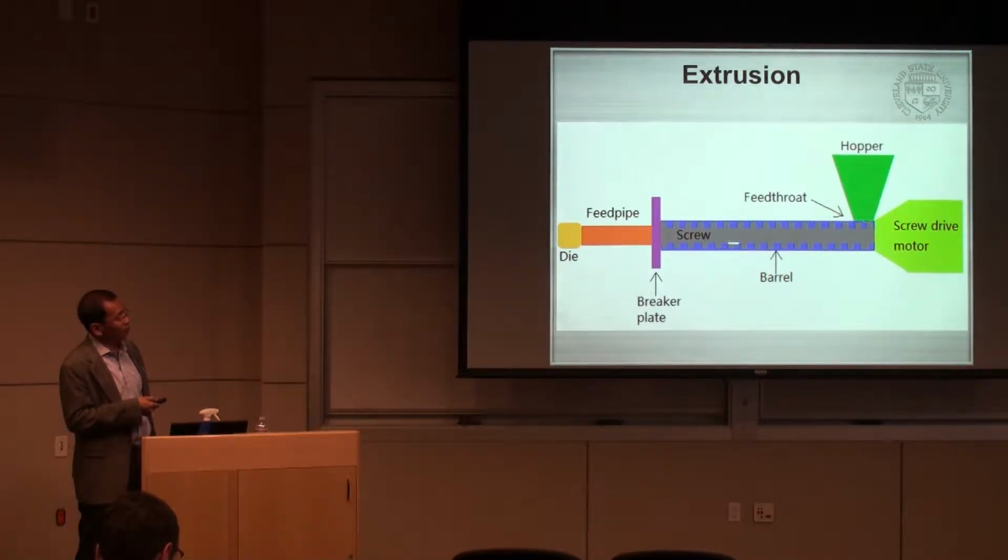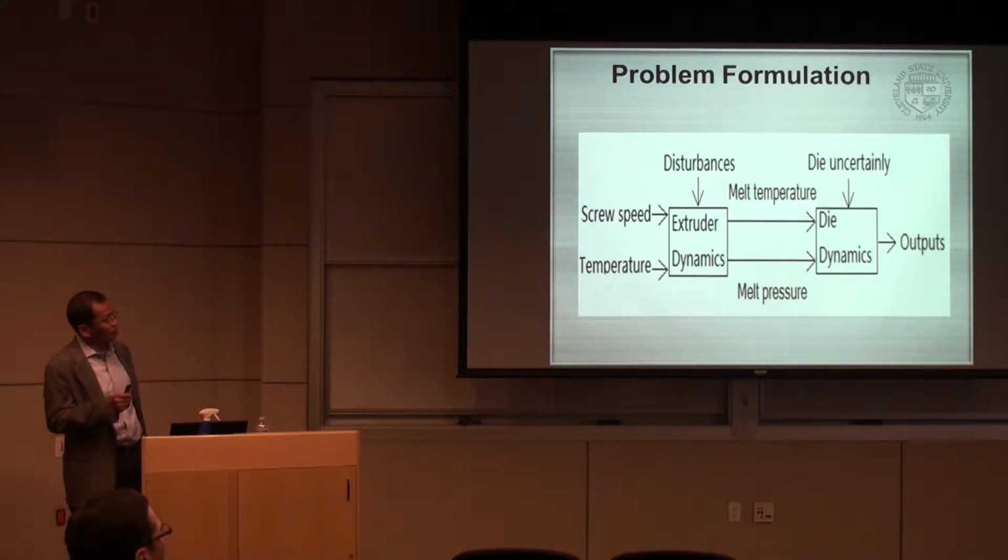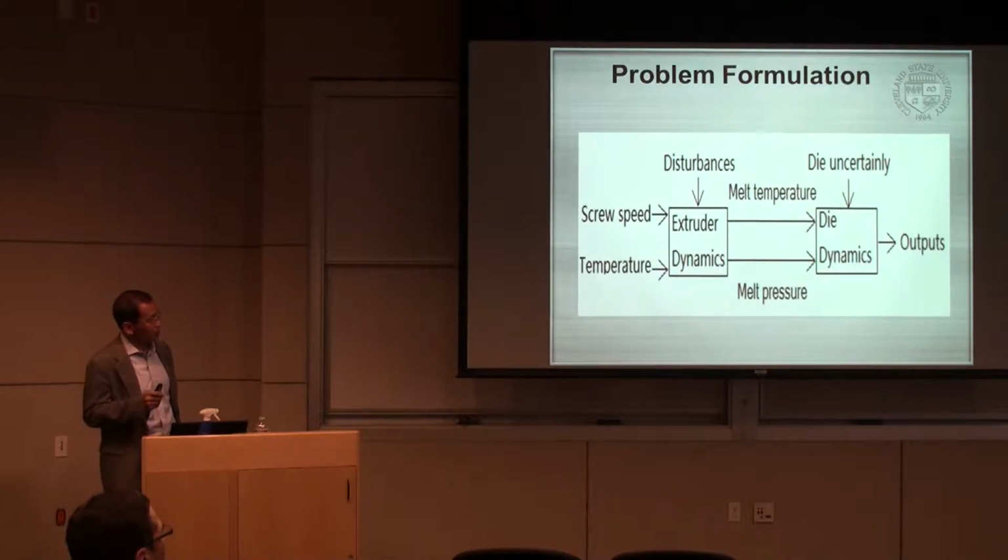They're divided into several zones, and also in a die, there's several temperature zones. And there are a lot of disturbances in this process, a lot of uncertainties. You're controlling temperature, you're controlling pressure, and there's a lot of variables: screw speed, temperature of the material coming in, and you are trying to keep the output product characteristic constant.